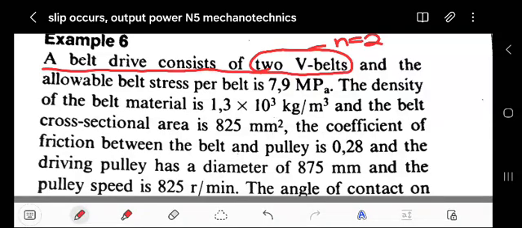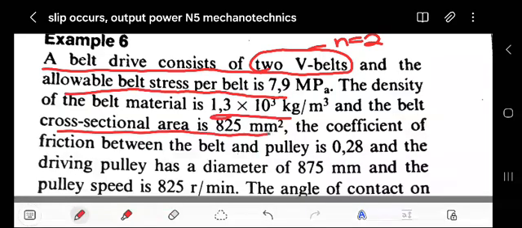And the allowable belt stress per belt, as you can see, is 7.9 megapascal per belt. The density of the belt is given, and the belt cross-sectional area is given in millimeters squared, and the coefficient of friction between the belt and pulley is given, which is 0.28.